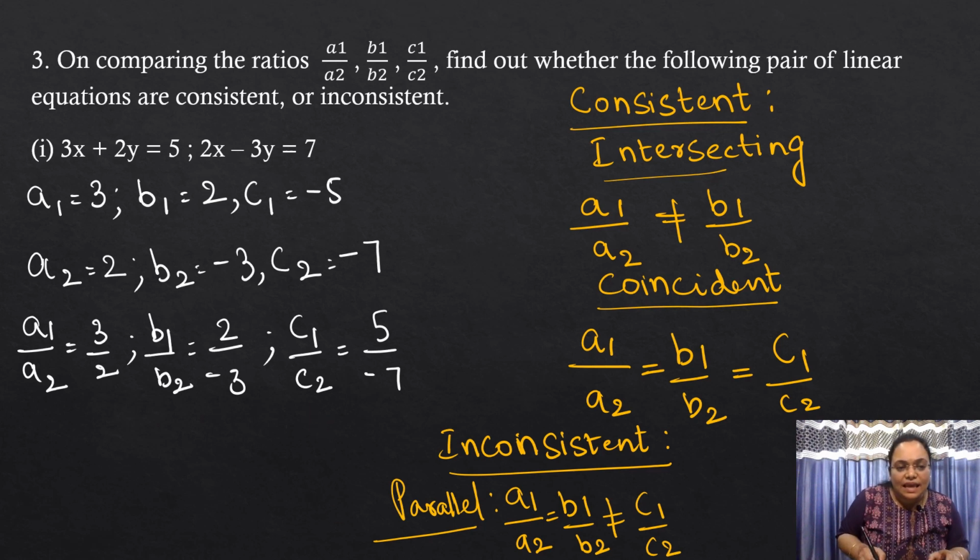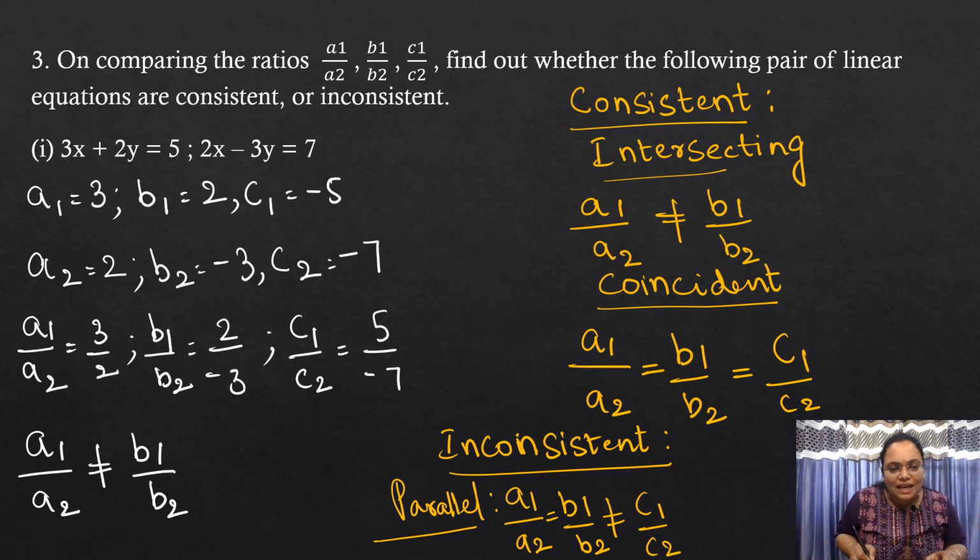So we can say that A1 by A2 is not equal to B1 by B2. Yes, so it is satisfying this condition. It is intersecting, right? So we can say that it is a consistent system.